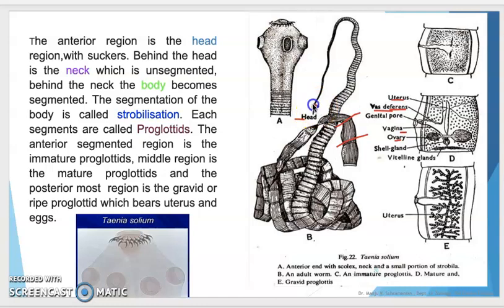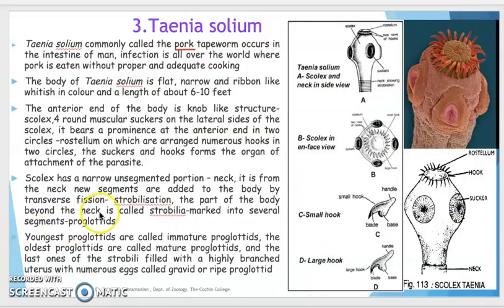So this is the anterior end. You can see that it bears a much smaller head region, with 4 rounded muscular suckers on the lateral sides. These are the suckers, and it bears a prominence at the anterior end in 2 circles, that is a rostellum.